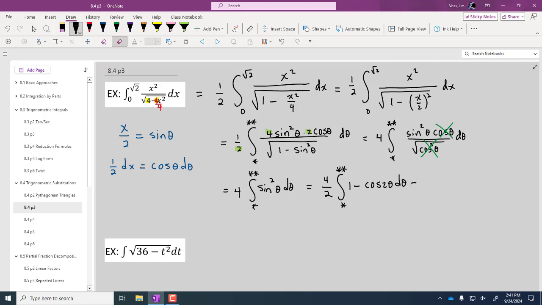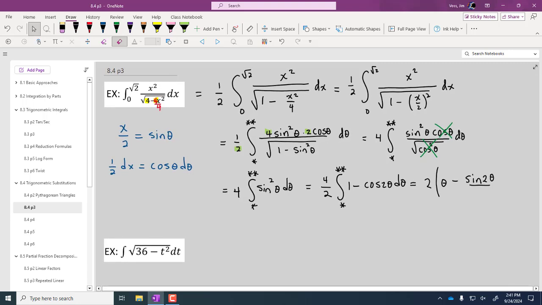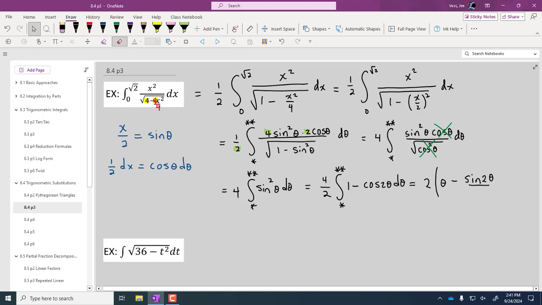And now we can integrate, so the 4 divided by 2 is a 2. The integral of 1 is theta. The integral of cosine is sine. Same angle. Reverse chain rule, divide by 2. And then we have our limits that are placeholder limits.